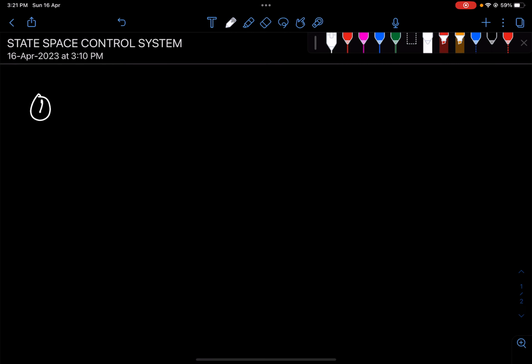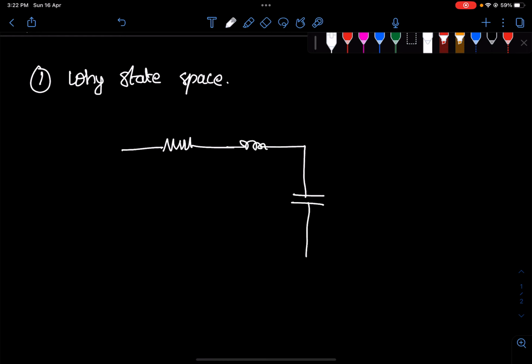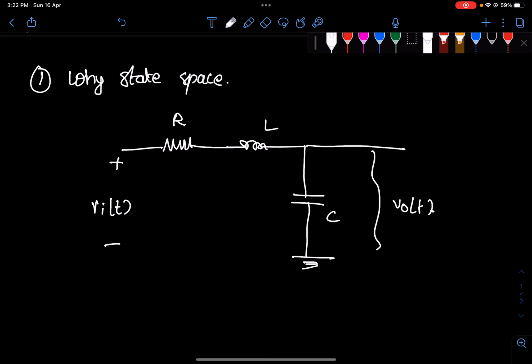So the first one is why state space. Suppose in a circuit, we are giving the input as vi(t) and taking the output v0(t). This has a capacitor, an inductor as well as a resistor.